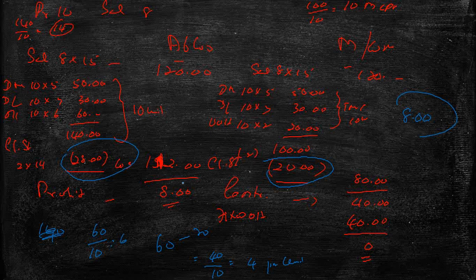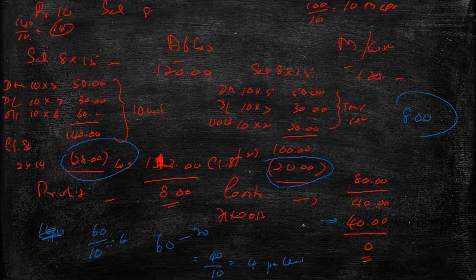So the difference arises purely because of the fixed overhead. In absorption costing, we carry forward that fixed overhead in our stock for the next period. But here we don't carry forward that 8 into the next period, because we charge the entire 40 to our income statement for that year.